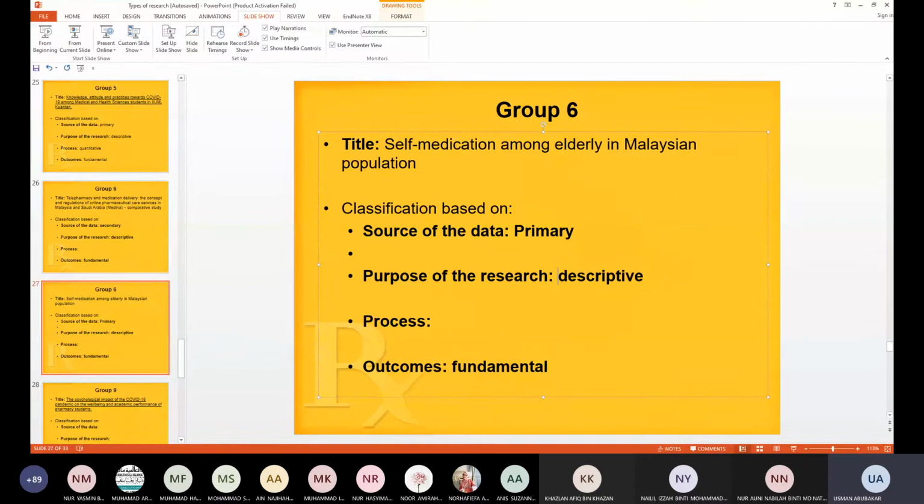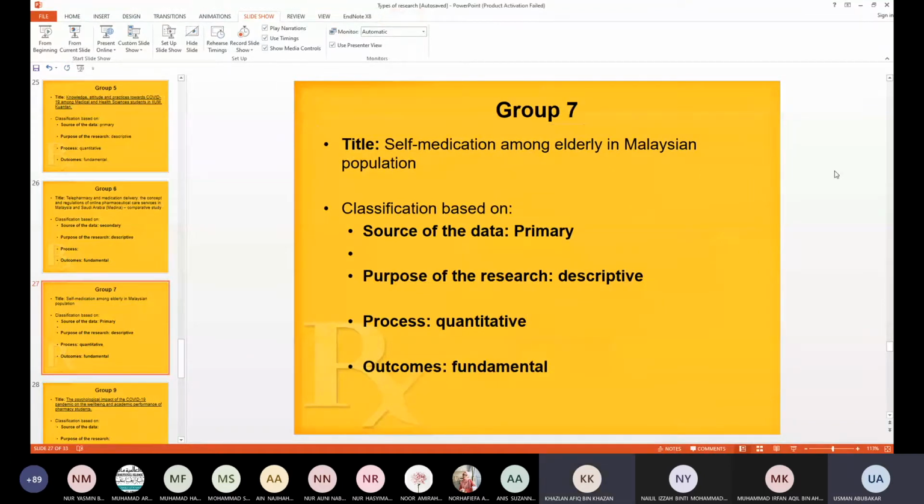Okay, Doctor. For the outcome, what's the outcome? We use fundamental. Excellent.